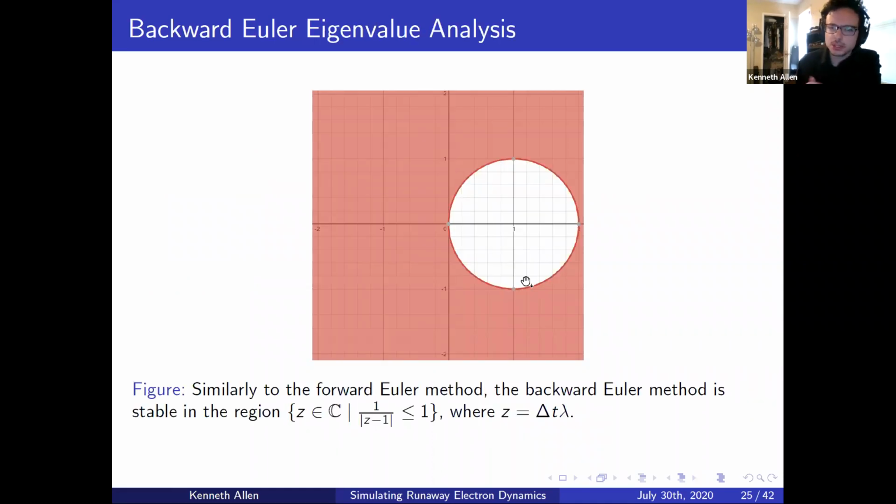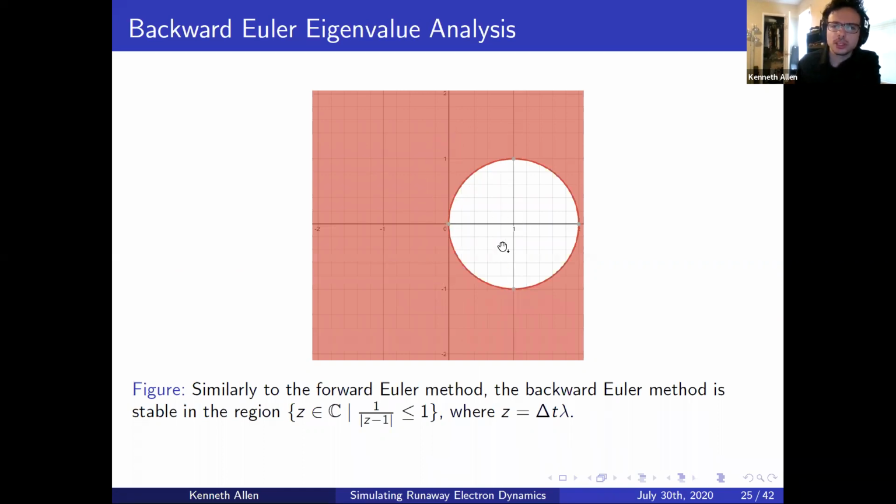We can do a similar eigenvalue analysis. In this case, whereas the stability region for the forward Euler method was just a circle, for the backward Euler method the stability region is the complement of a circle. All this pink area is the stability region for the backward Euler method.